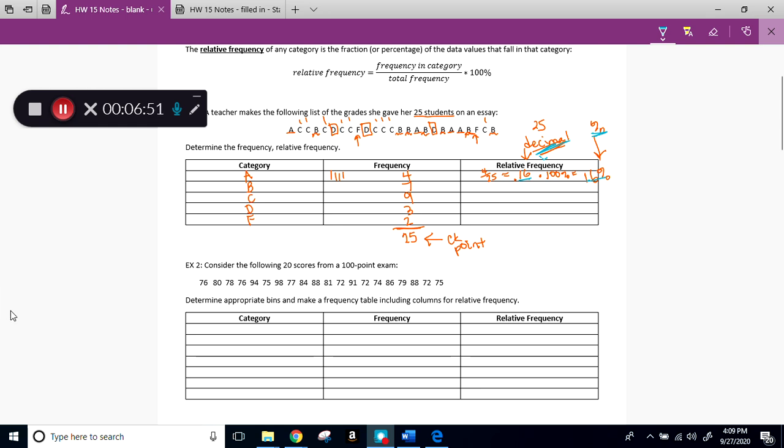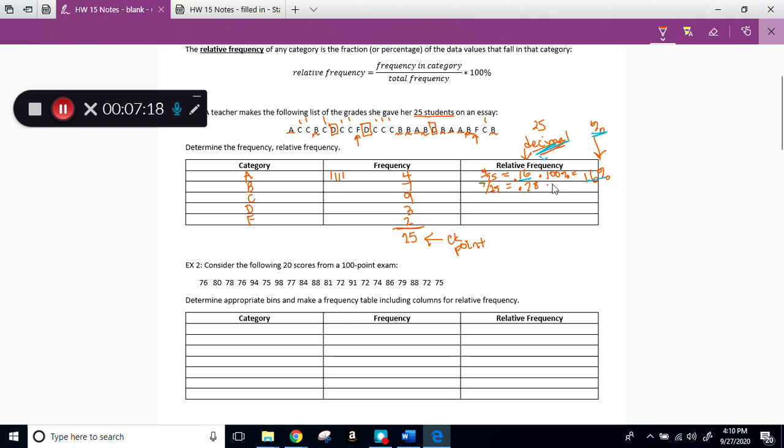So on this one, what I want you to do is do the rest of these out like this one. So that would be 7 over 25. Remember, it's part over whole. 7 over the whole thing, 25. And then you're going to find out what that equals. 7 divided by 25, well, let's see, 0.28.